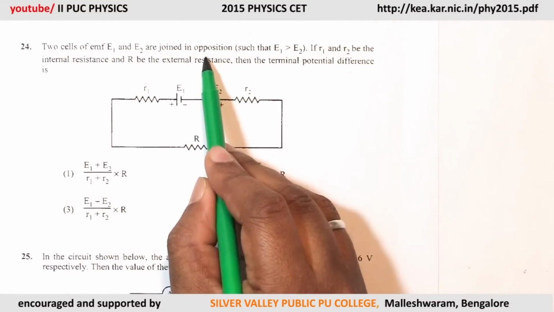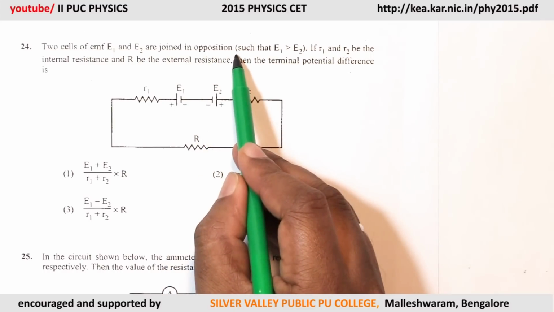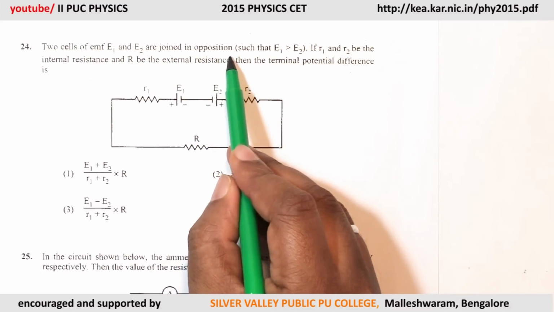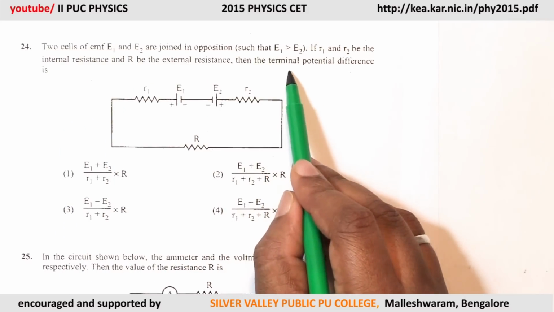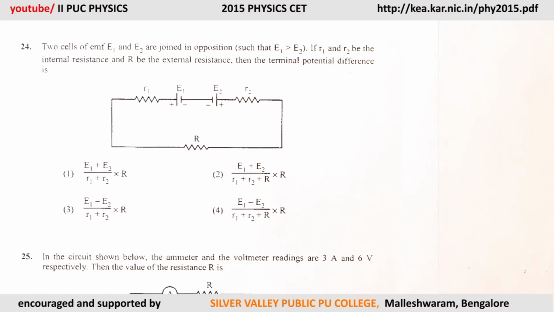Two cells joined in opposition. R1, R2 are the internal resistances.